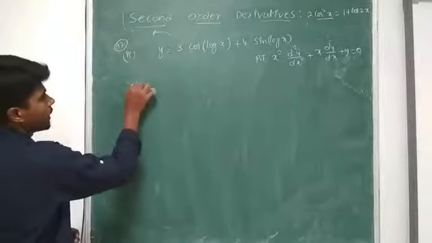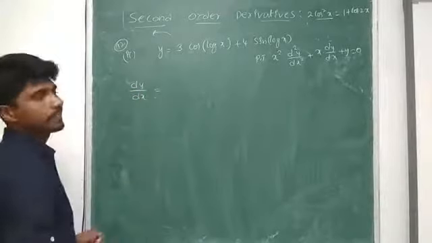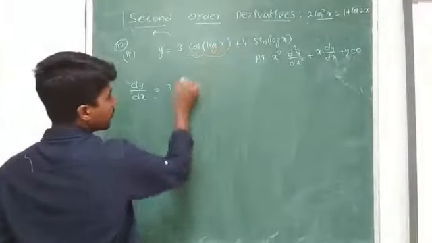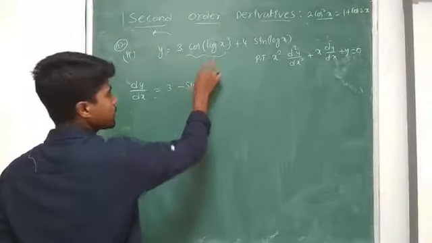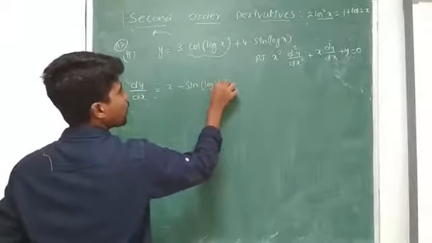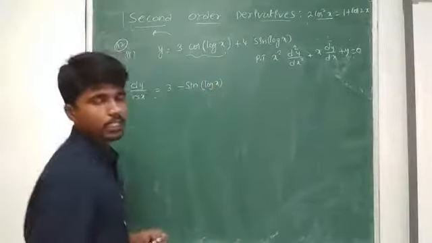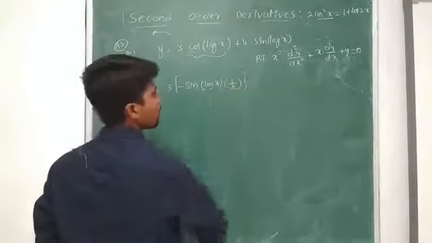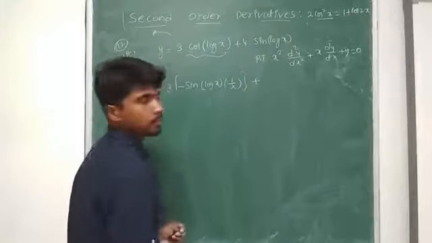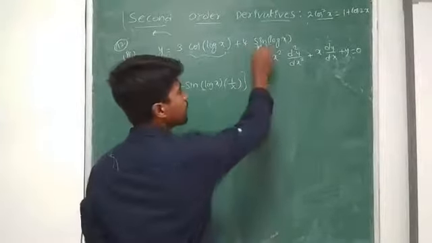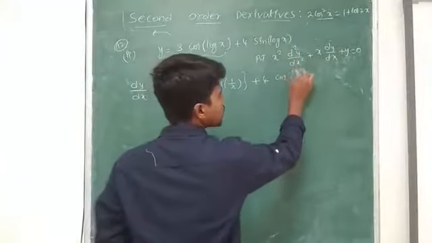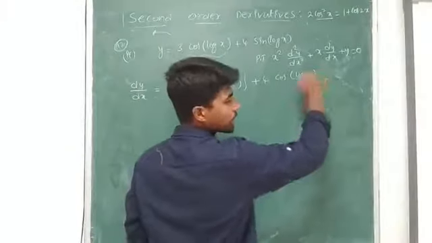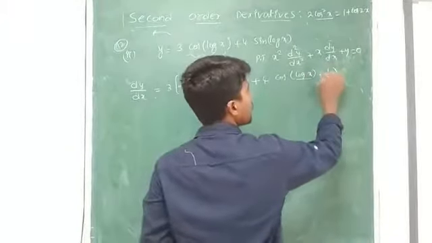Given y, find its derivative. dy by dx equal to 3 into cos x derivative, minus sin x, but it is not x, it is log x. So if it is log x, what we have to do? We have to perform its differentiation. Log x derivative is 1 by x, plus 4 into sin x derivative cos x, but x is given as log x, so I have to perform its differentiation, 1 by x.